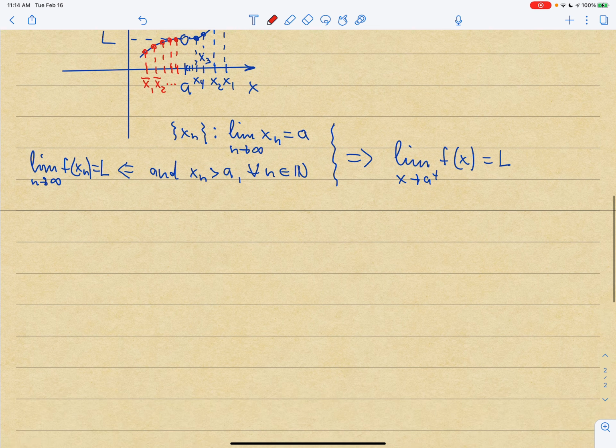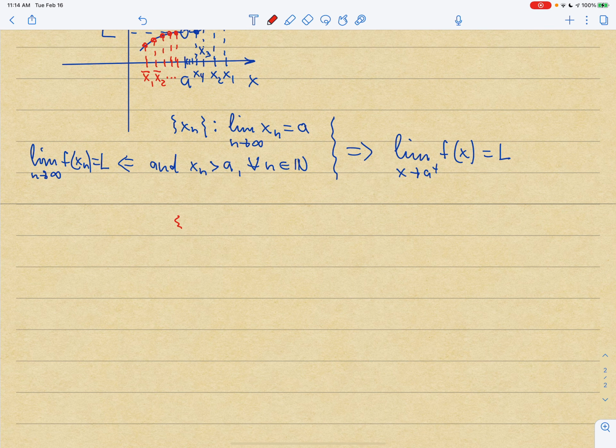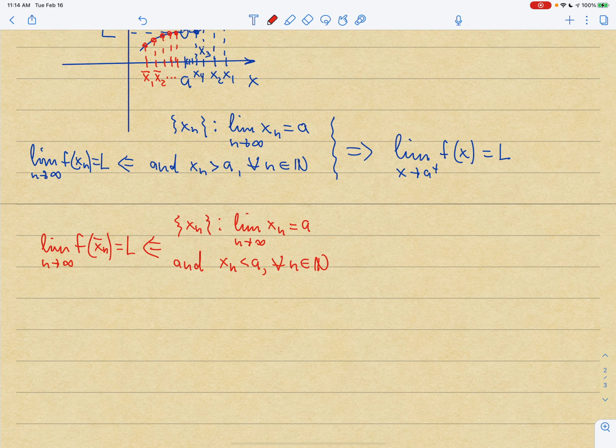So that means that if I'm taking xn such that the limit as n goes to infinity of xn is a, and now xn is less than a for all n natural, it will follow that the limit as n goes to infinity of f of xn bar also is equal to L.